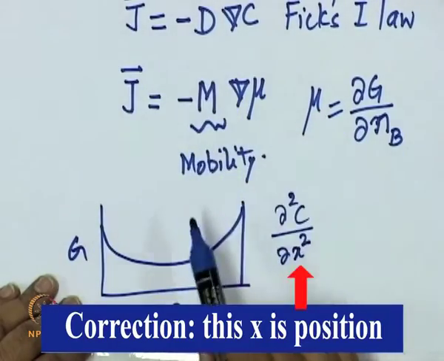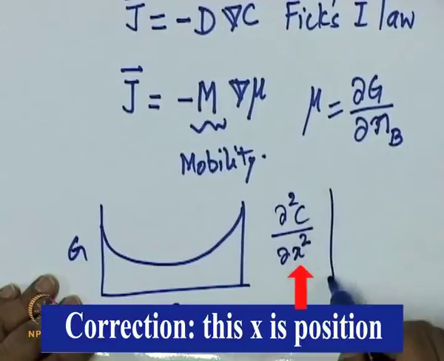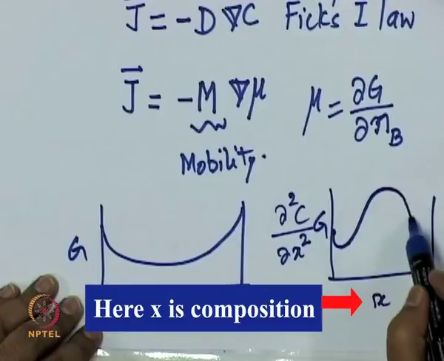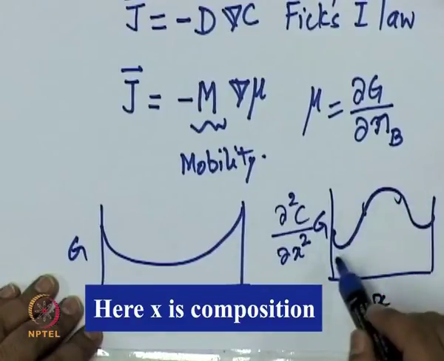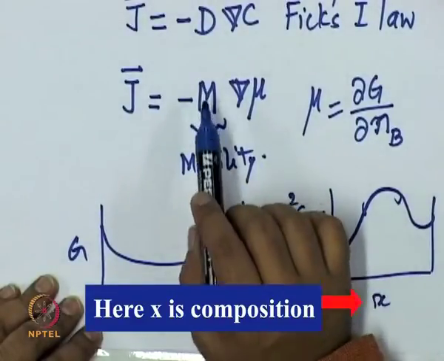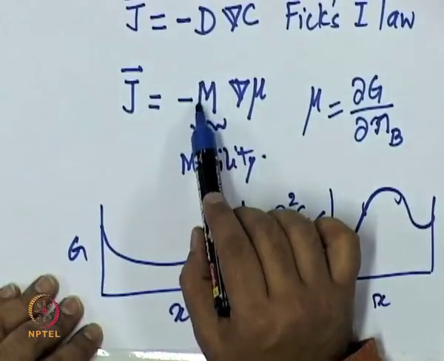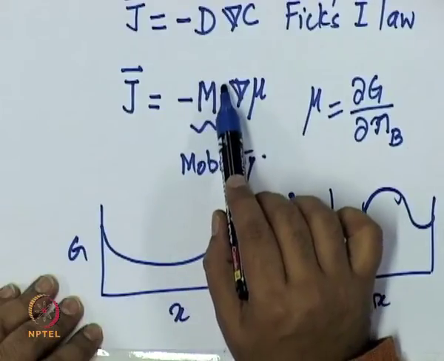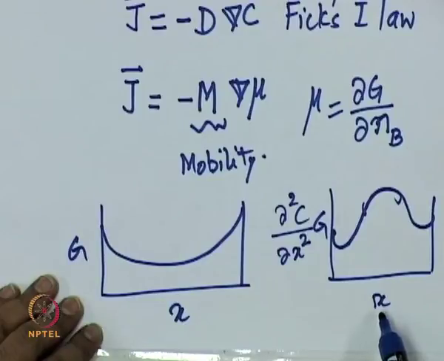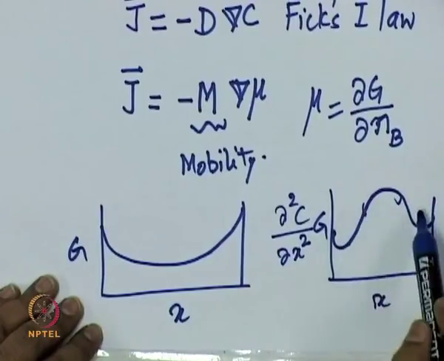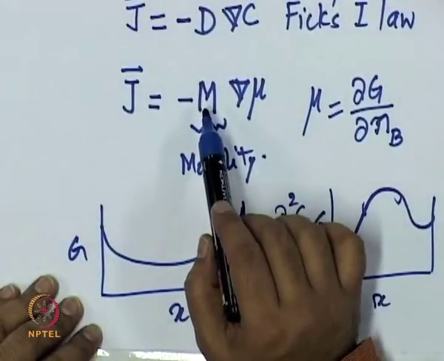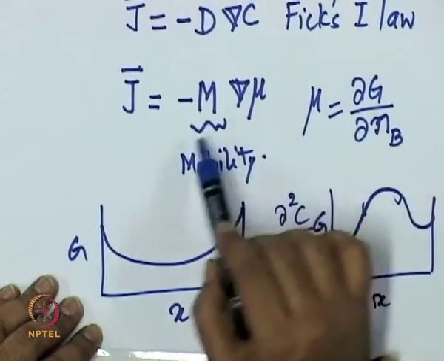But the moment you have a G versus X curve which has some negative curvature, then the sign of that has to be incorporated, because the diffusivity is nothing but mobility times the curvature of the free energy versus composition curve. Okay. Now, that curvature, if it becomes negative, will bring its own sign. So, then you can see that it is consistent with Fick's law.